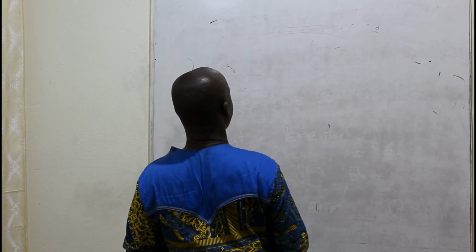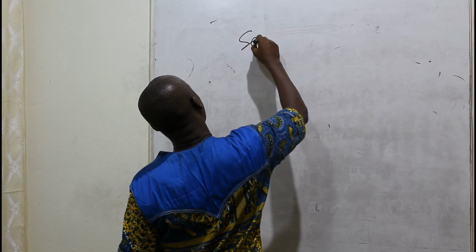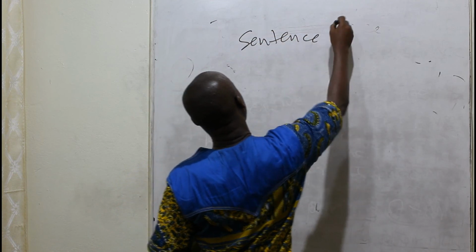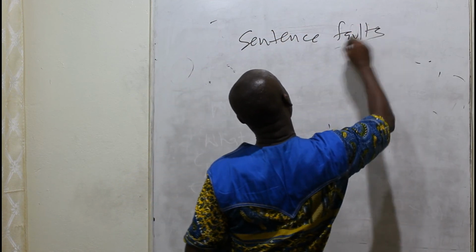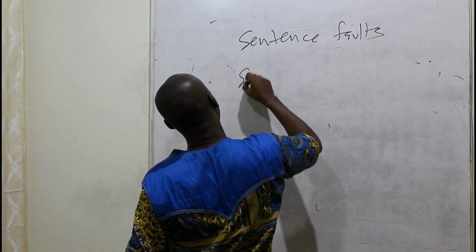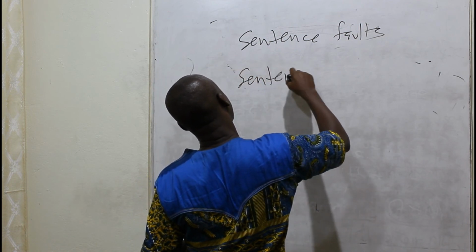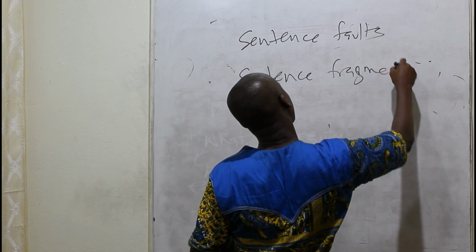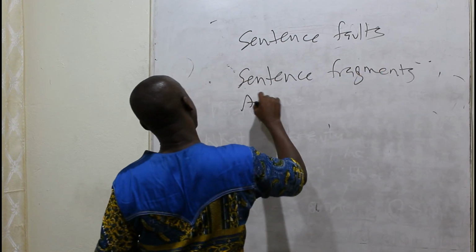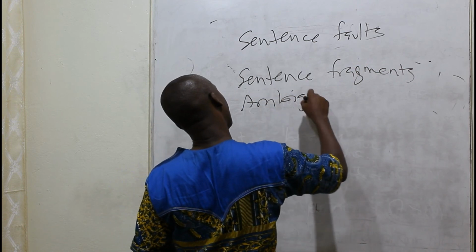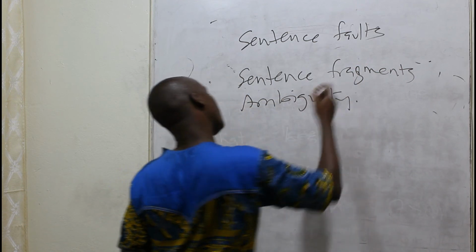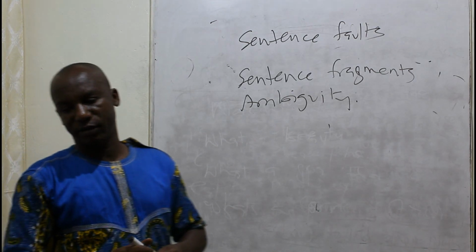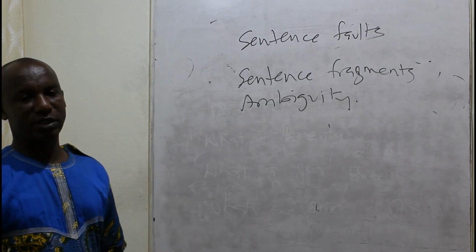So you read around sentence faults or sentence fragments, and then ambiguity. You read around them at our next meeting.